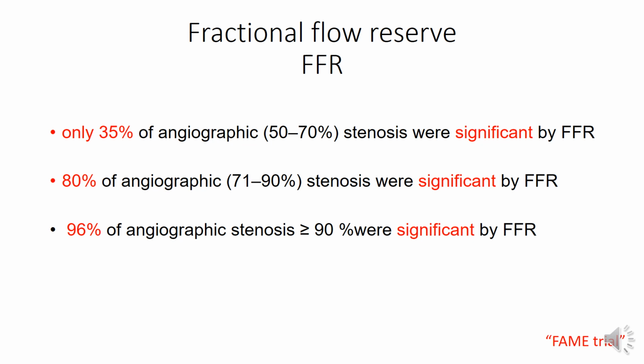So most cath labs adopt this threshold of more than 70% for identifying a significant lesion. By this method, you are concordant with physiological assessment by FFR in 80% of cases. This accuracy rises to 96% if the lesion is more than 90% by angiography.